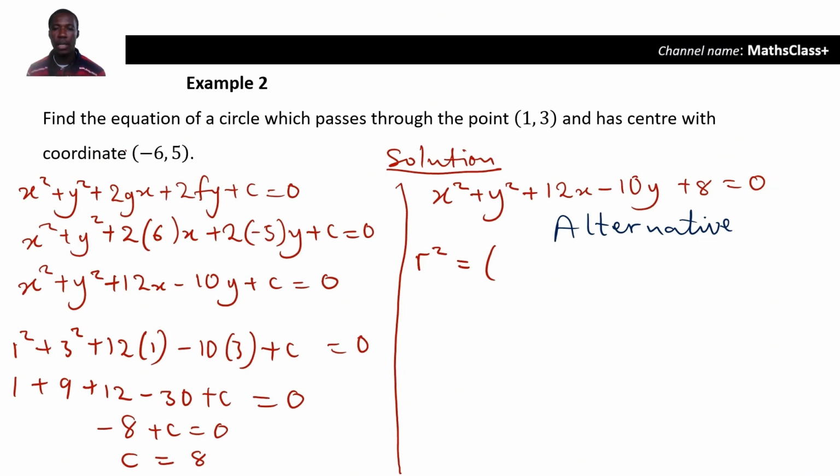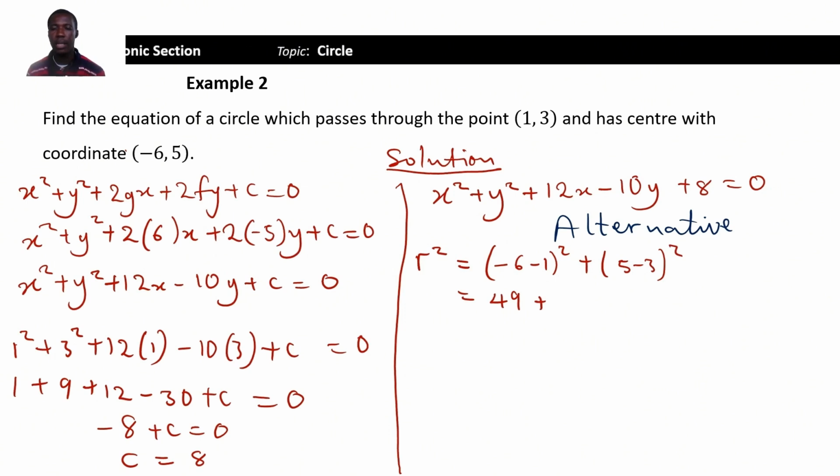So we can say minus 6 minus 1 squared plus 5 minus 3 squared, and that will give us negative 7 squared, which is positive 49, plus 2 squared, which will be 4, and my r squared will be 53.